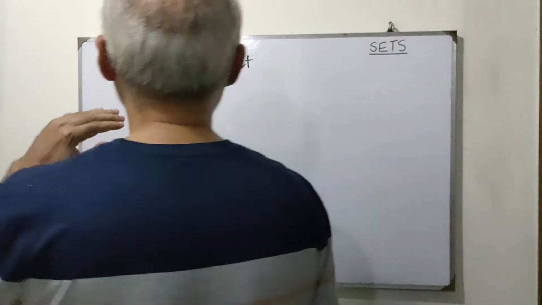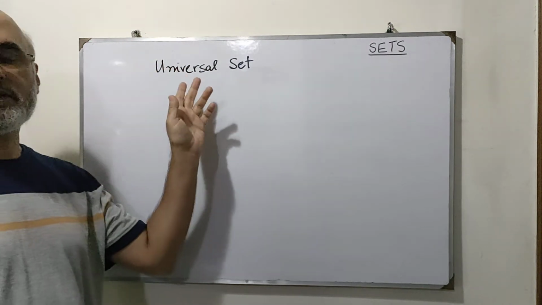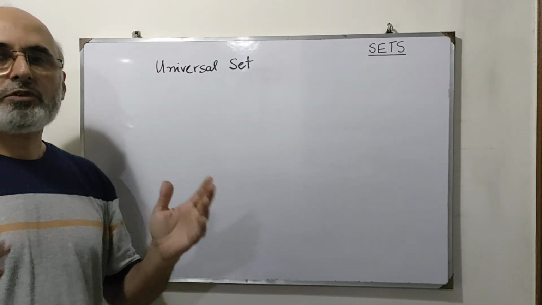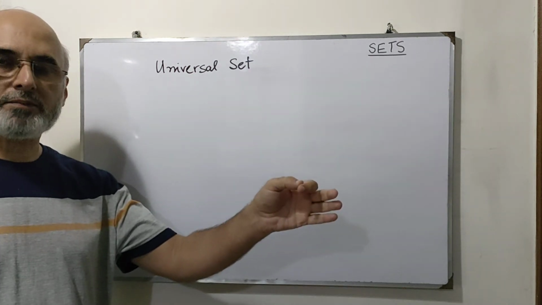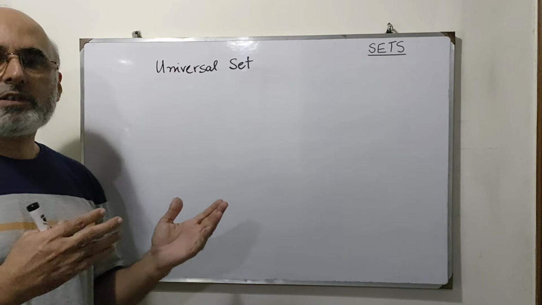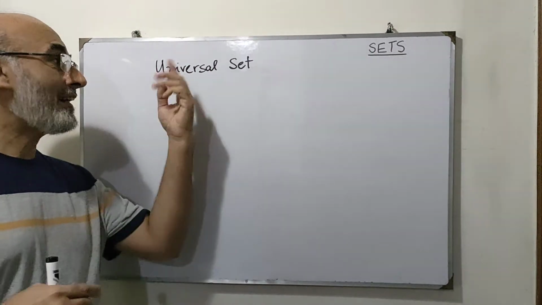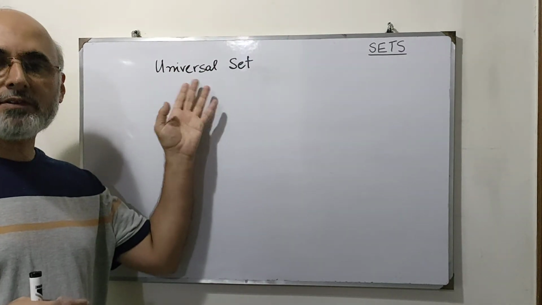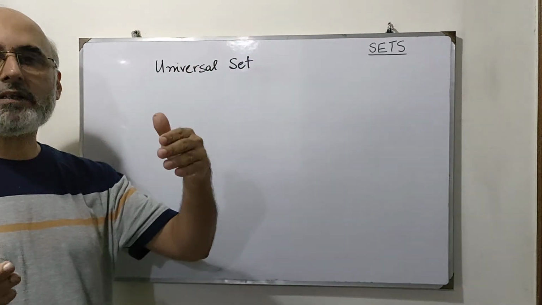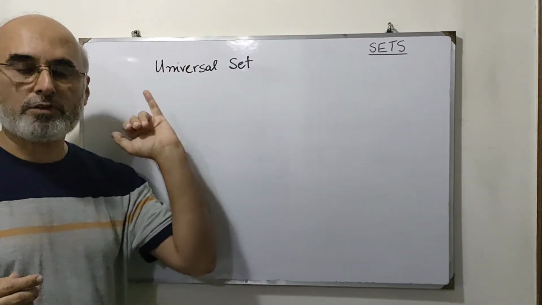Okay, now let's talk about universal set. A universal set is a set which is a collection of all the objects and all elements, of which all the other sets are subsets. This is the bigger set, and all the other sets are subsets of this universal set.